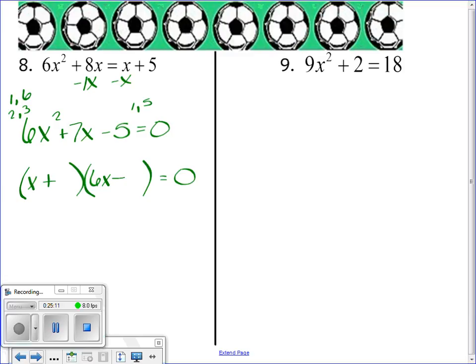All right. So we got 1 and 5. So if we check, we get 6x minus 5x. Does that make 7? No. If I flip-flop my 1 and my 5, does that help? That makes 30. That's way off. All right, so we know it's not the 1 and the 6 then. 2 and 3?